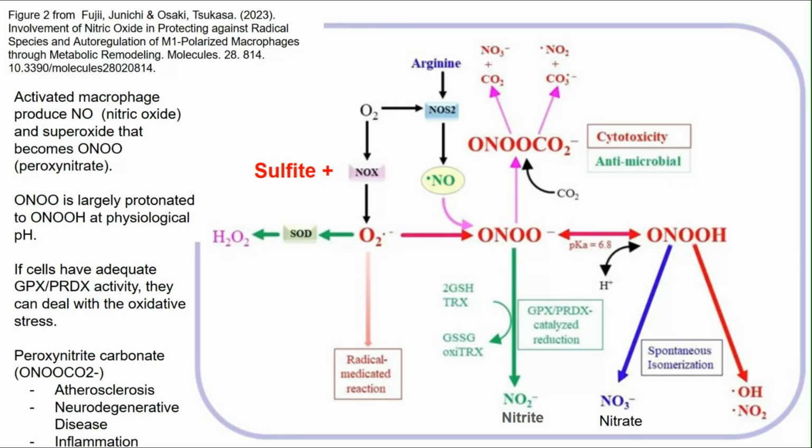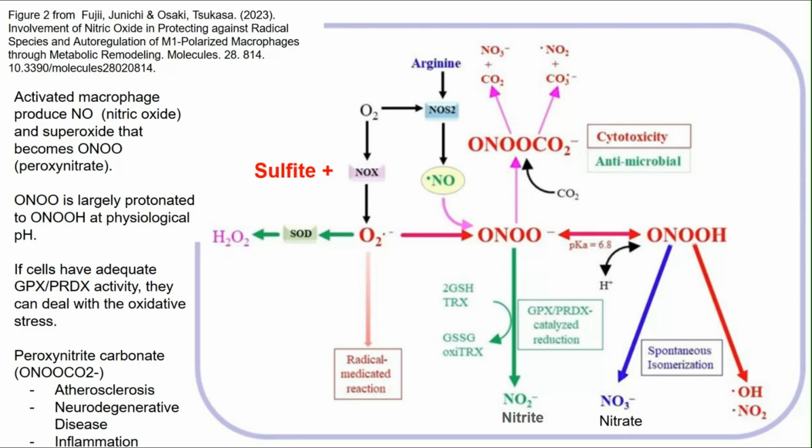Okay, then in the presence of CO2, it can become this toxic peroxynitrite carbonate, and that is cytotoxic. And it's also antimicrobial, so that's why macrophages would want to produce that, to help kill off whatever they're encountering. Okay, it's a defense system.